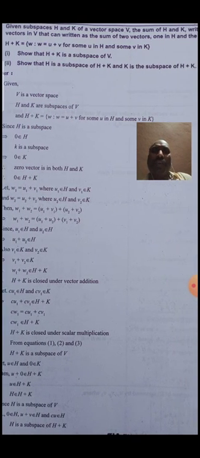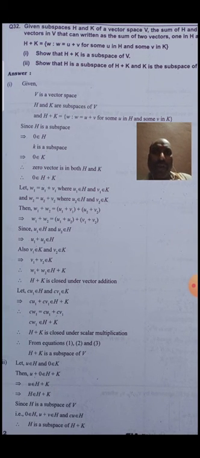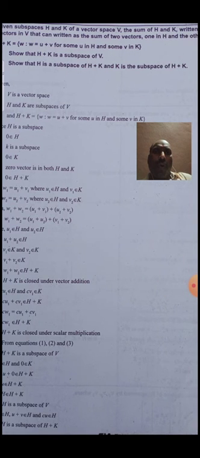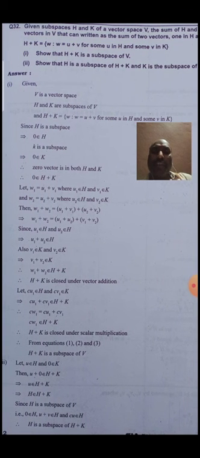Given subspaces H and K of a vector space V, the sum of H and K, written as H plus K, is the set of all vectors in V that can be written as the sum of two vectors, one in H and the other in K. That is, H plus K equals W such that W equals U plus V for some U in H and some V in K.